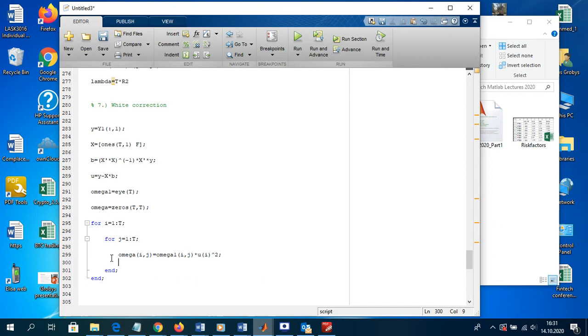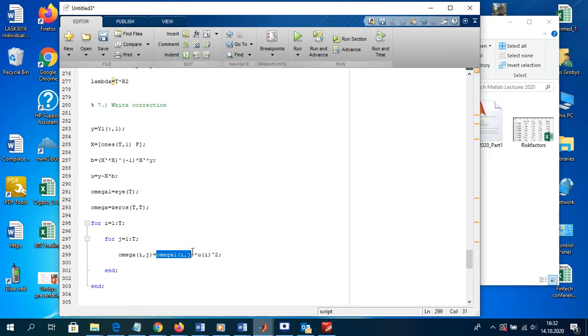So now we have to think a little bit about what's going on here. If i is 1 and j is 1, the first element in our omega matrix is 1, because it's an identity matrix, and the element 1 1 in omega 1 is a 1.